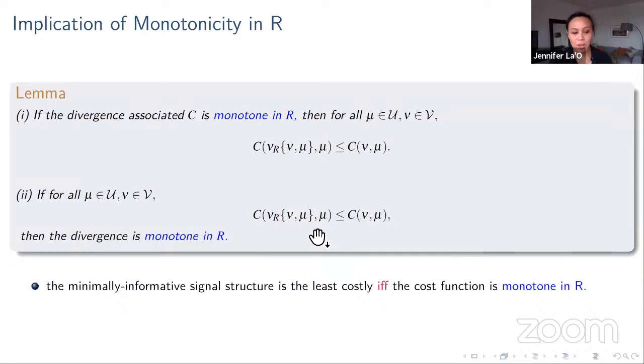This is an if and only if statement. If the divergence is non-monotone in R, then the signal structure that pays no attention to R is now not the least costly. There would now exist a signal structure with all the same properties except for the fact that it pays attention to R.